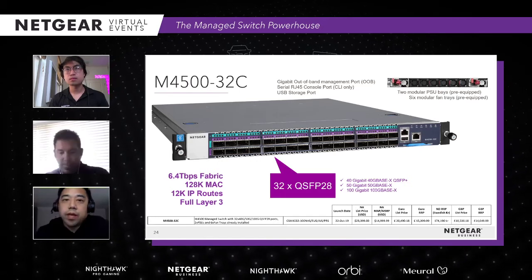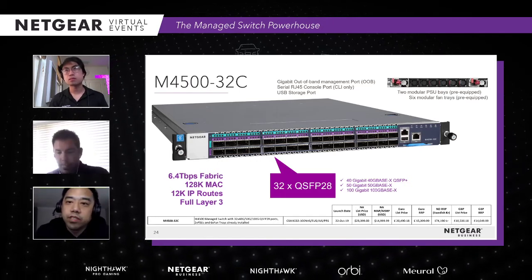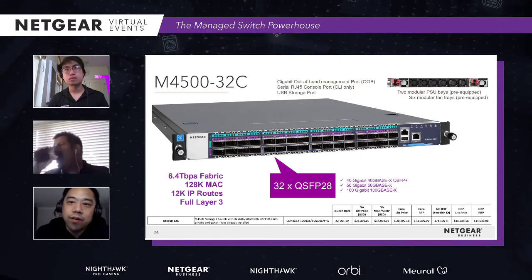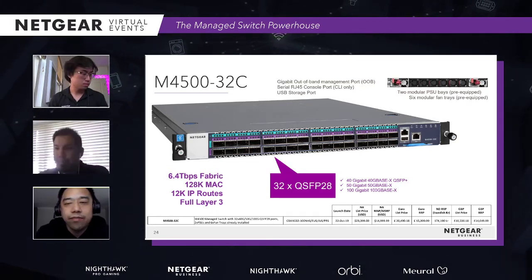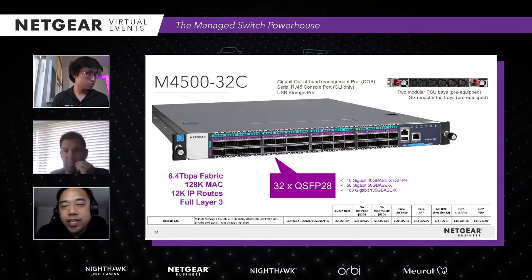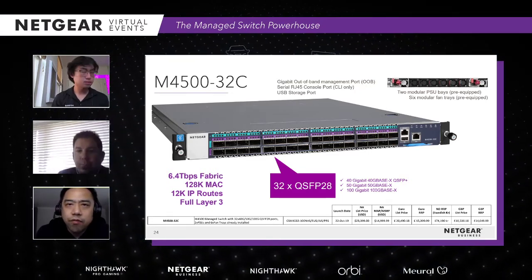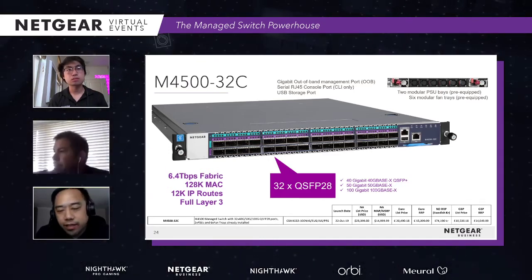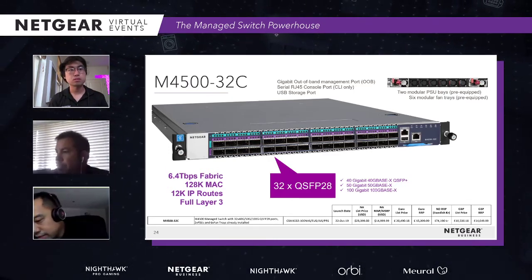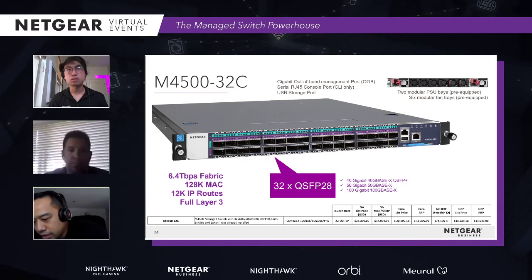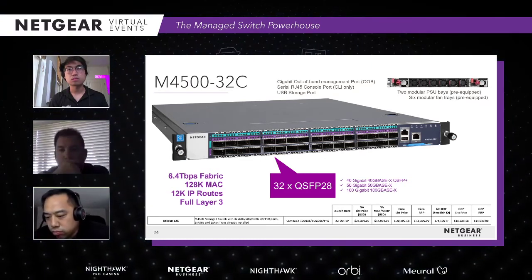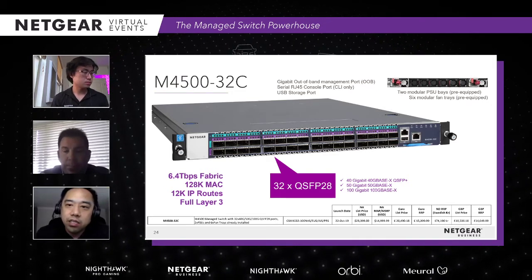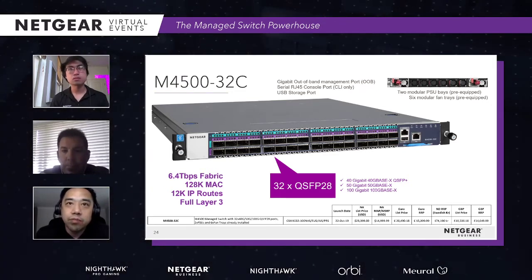So the M4500, which is the 48, is the XSM 4556 or the M4500 48XF8C. 48XF is pretty much 48 ports of fiber, which are 10 gig and 25 gig, and it's defaulted to 10 gigs, and that's 48 ports worth of that, which is pretty cool.